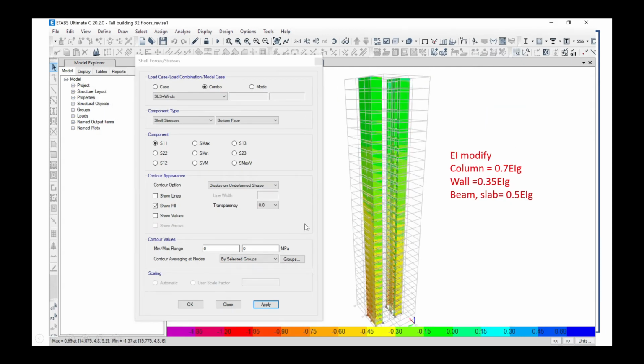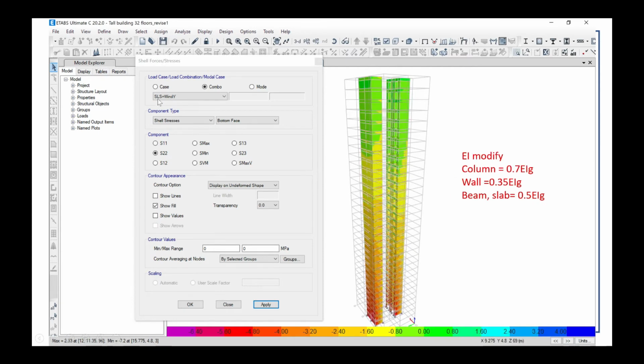Now let's continue. When you check the service load with the wind y direction, in the previous slide we checked the service load with wind x direction.